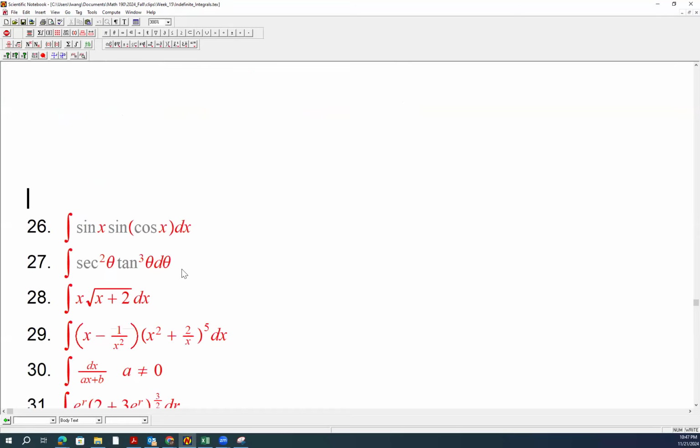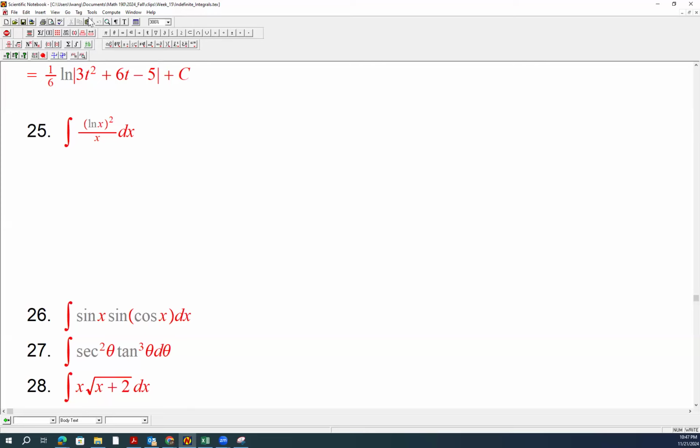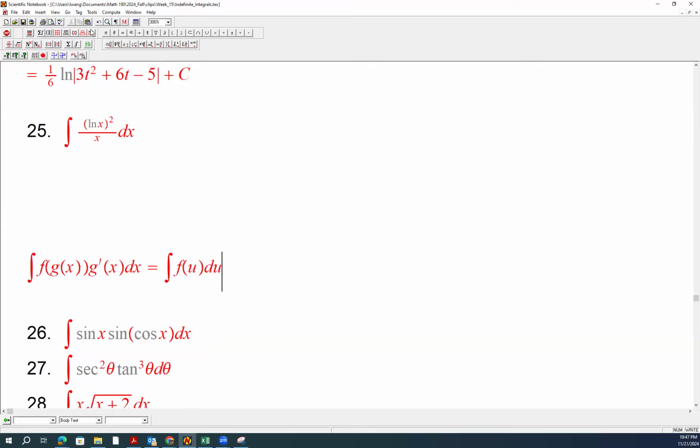Number 25. You may like to pause to say, what am I going to substitute this by? How am I going to introduce the u? So try different things, okay? All right, so I'm going to introduce ln x as my u.